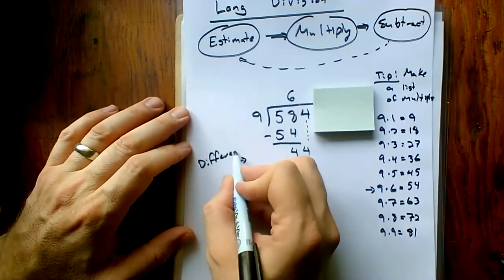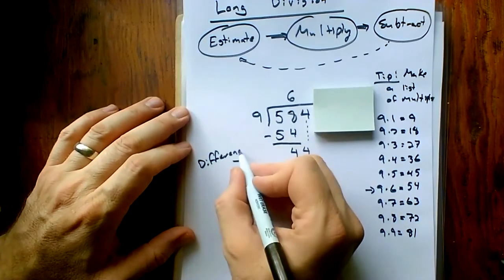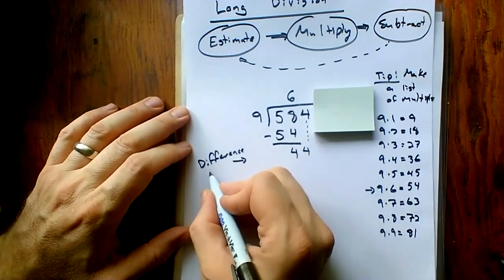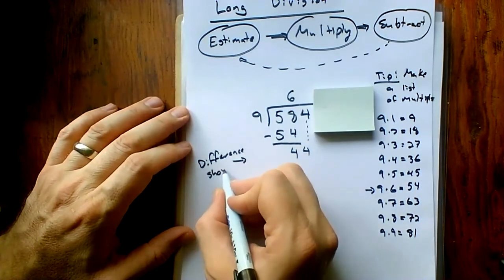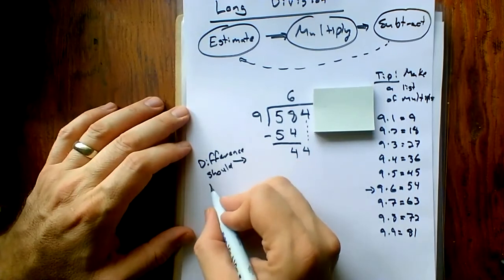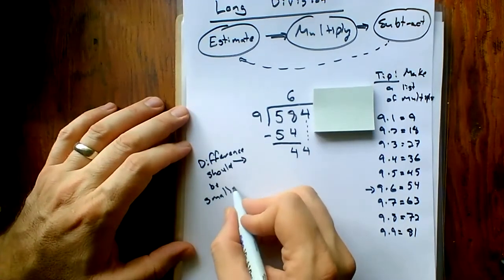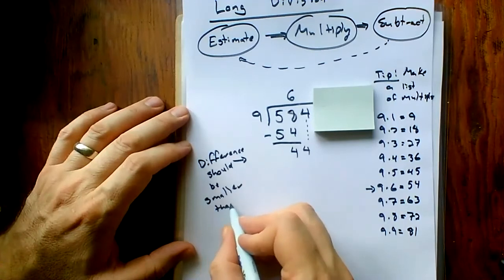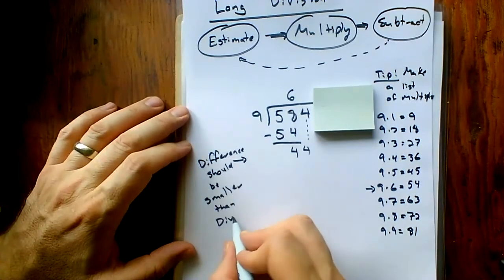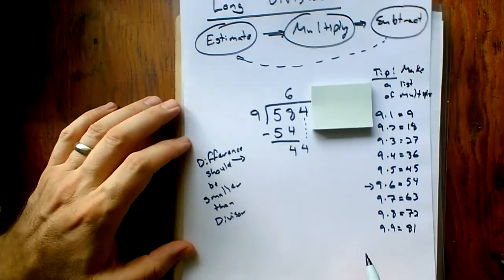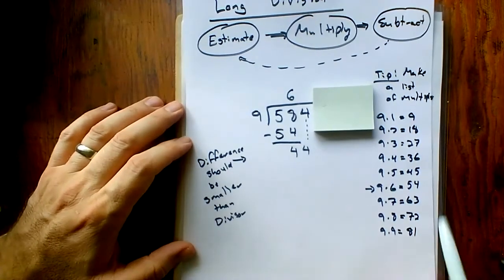So your difference should be smaller than your divisor. Okay, let's go back to this one.